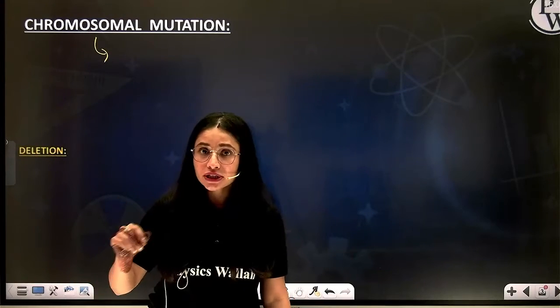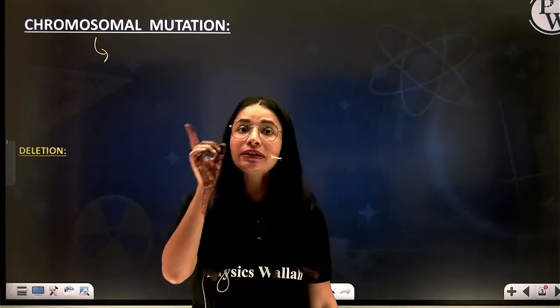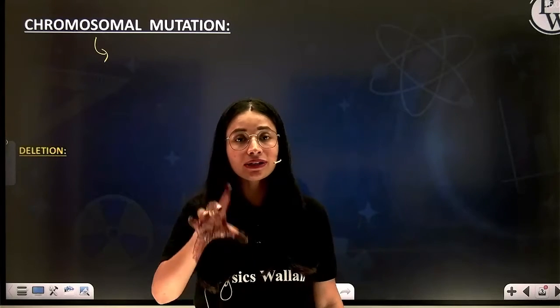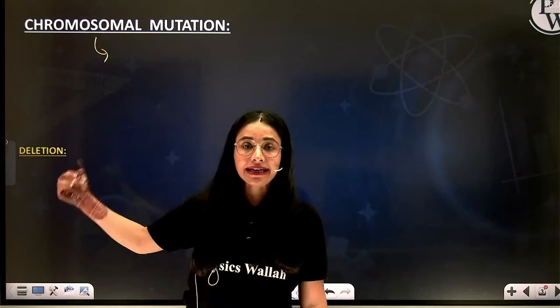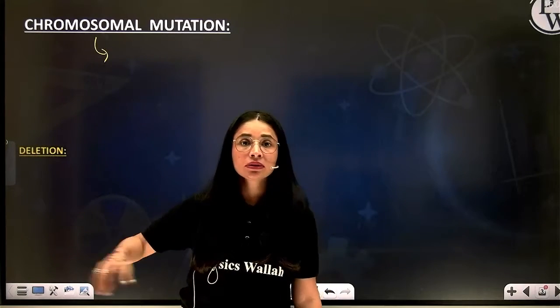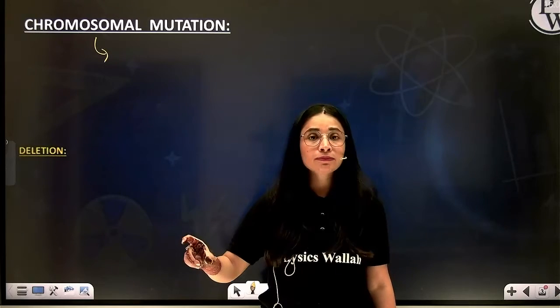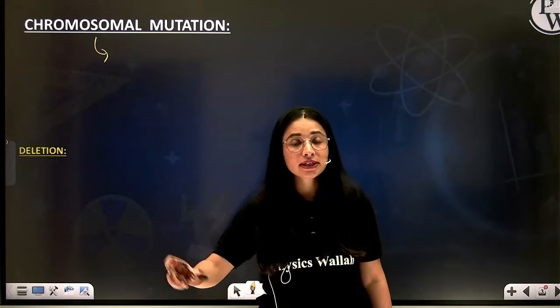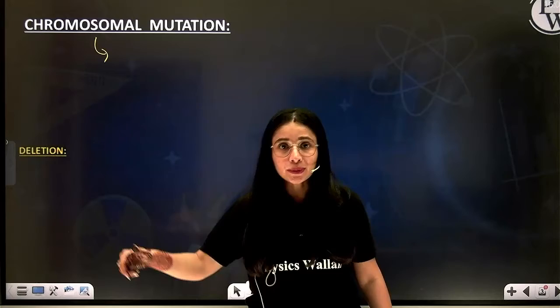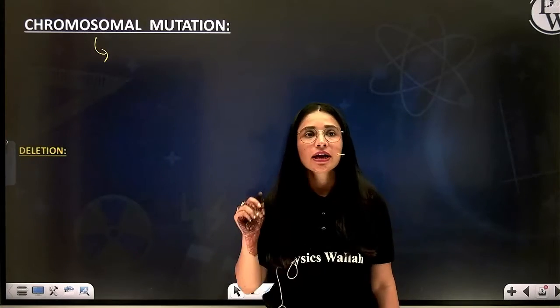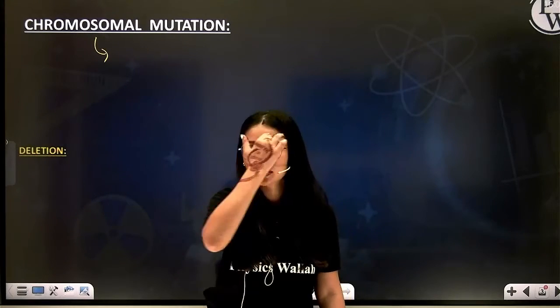In gene mutation, the change was occurring in only one gene, within the nucleotides of one gene. But in chromosomal mutation, a number of genes are affected on the same chromosome without changing their number, and this is known as chromosomal mutation.